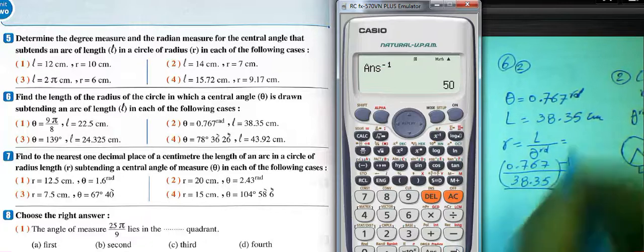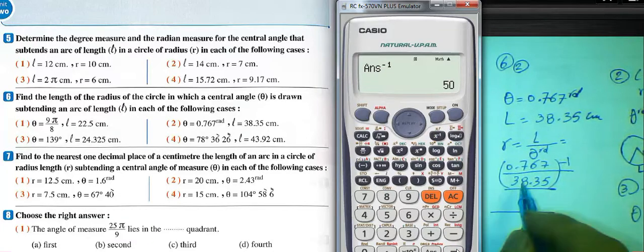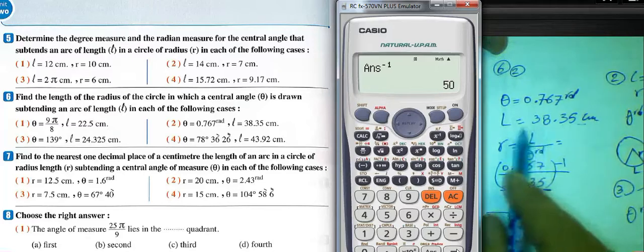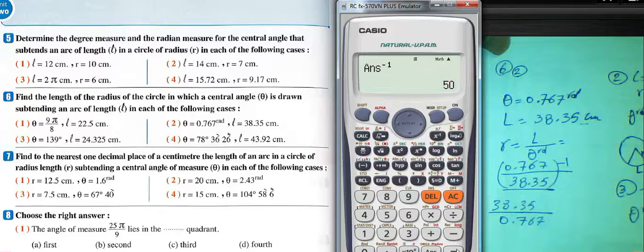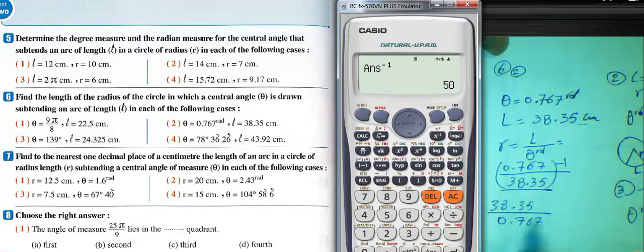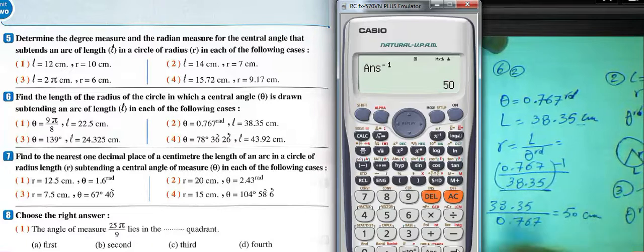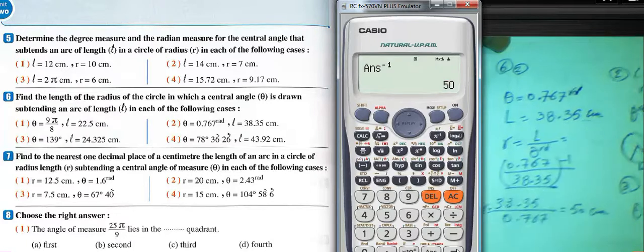Again, we can find the result by dividing the length of arc 38.35 over 0.767. The result will be 50. It was the length of the radius, 50 centimeter.